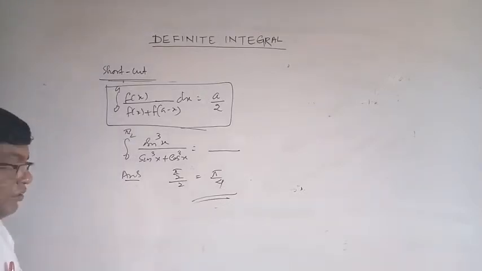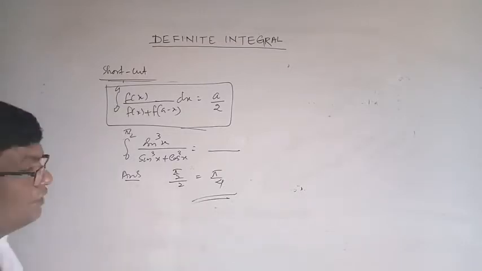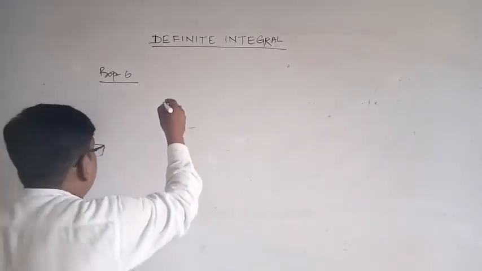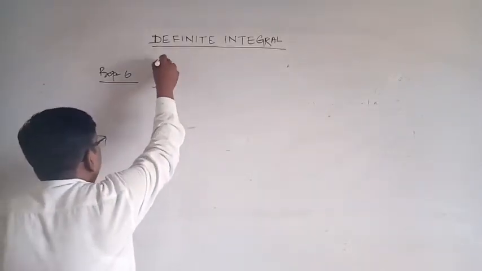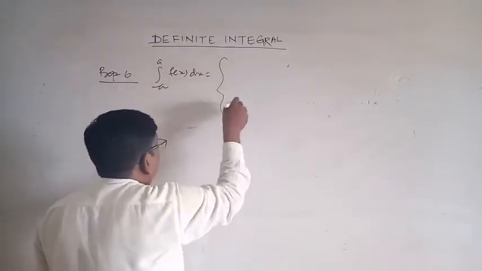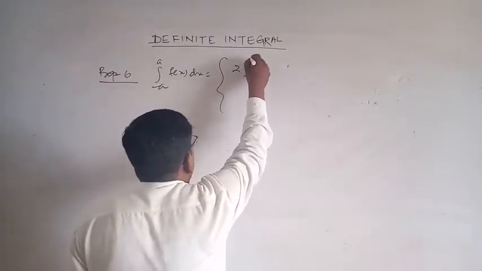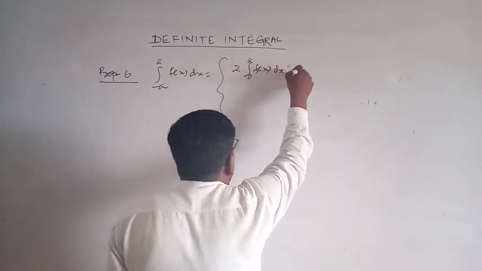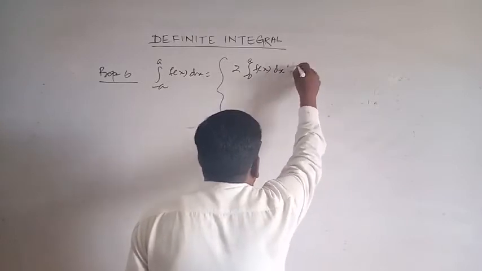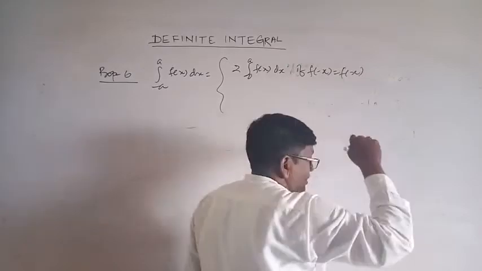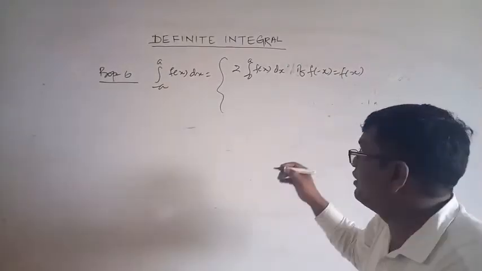Now property number 6. Property number 6: integral from minus a to a of f(x) dx is equal to 2 times the integral from 0 to a of f(x) dx if f(minus x) is equal to f(x), that is, if f(x) is an even function.